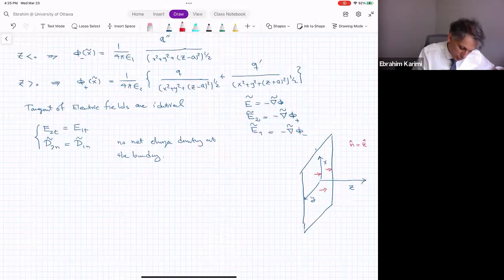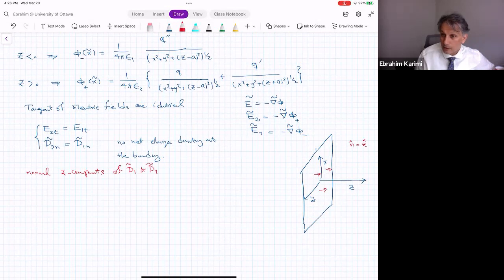So whenever we talk about normal, we are talking about the Z component of D1 and D2. What about the tangent? Along X or Y. We can consider X or Y, they are identical, nothing will be gained. So when we talk about tangent, we are talking about the XY components of E1 and E2.